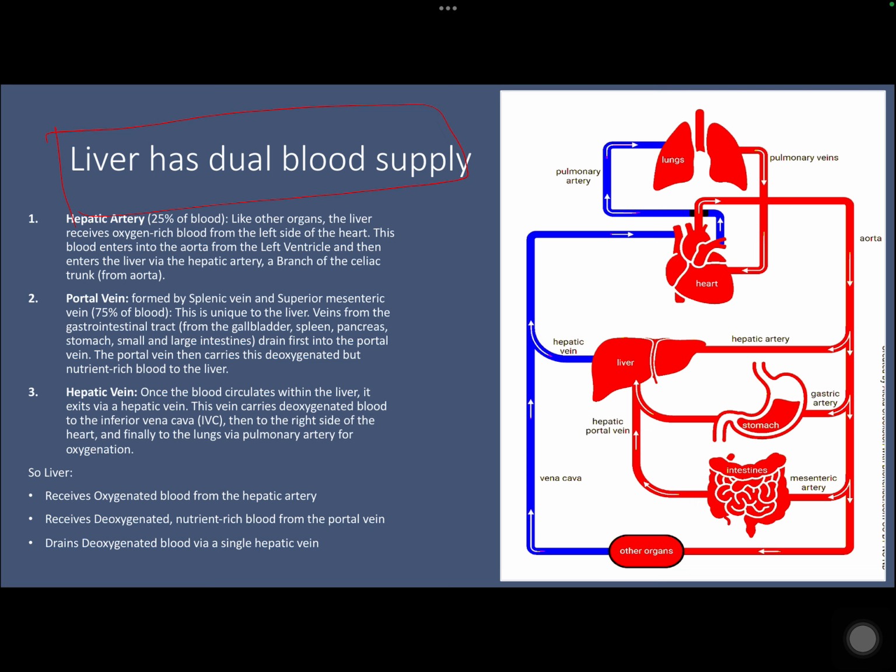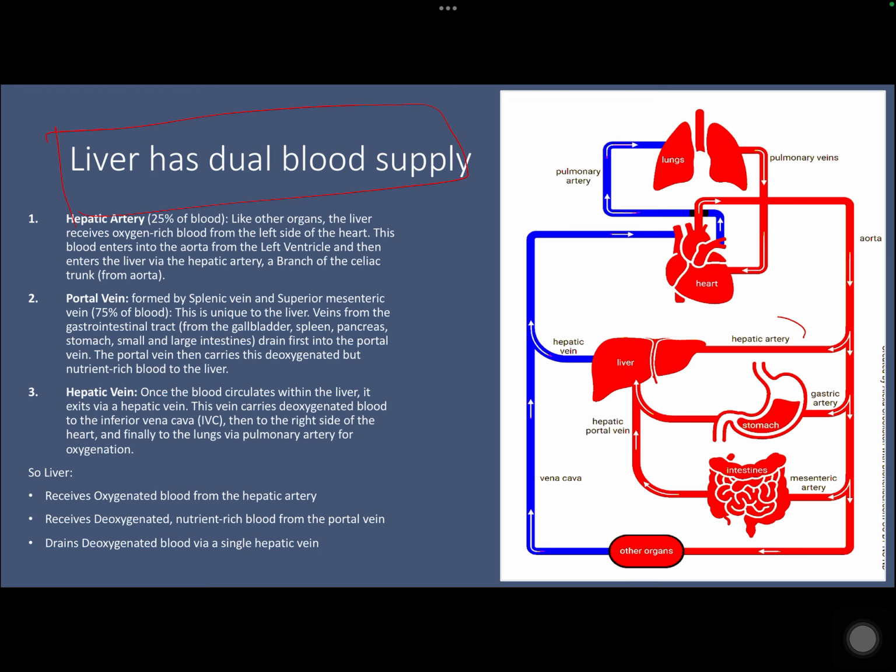If we take any organ, for example the kidney, it is supplied by a single artery. The kidney is supplied by the renal artery, and the blood from the kidney is drained by the renal vein. But the liver receives blood via two blood vessels, not by a single blood vessel.